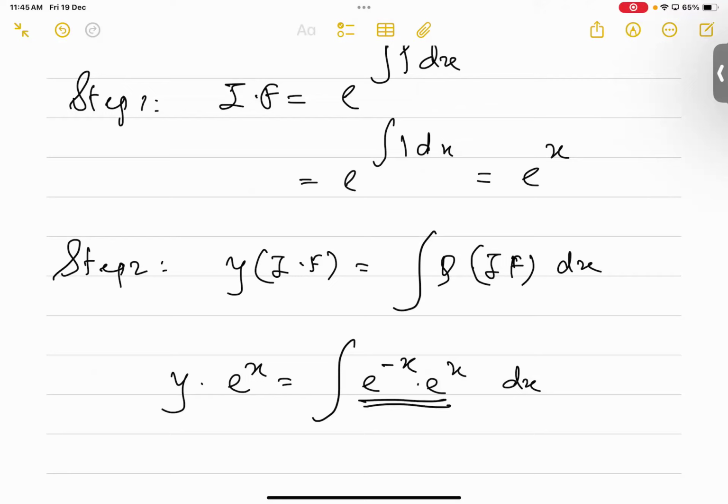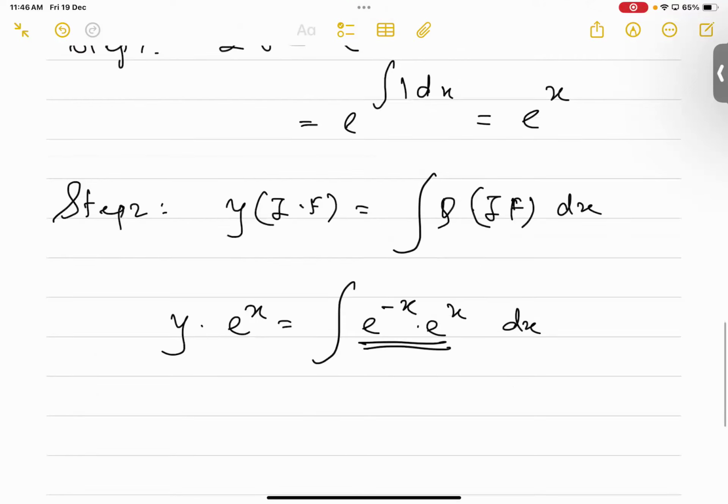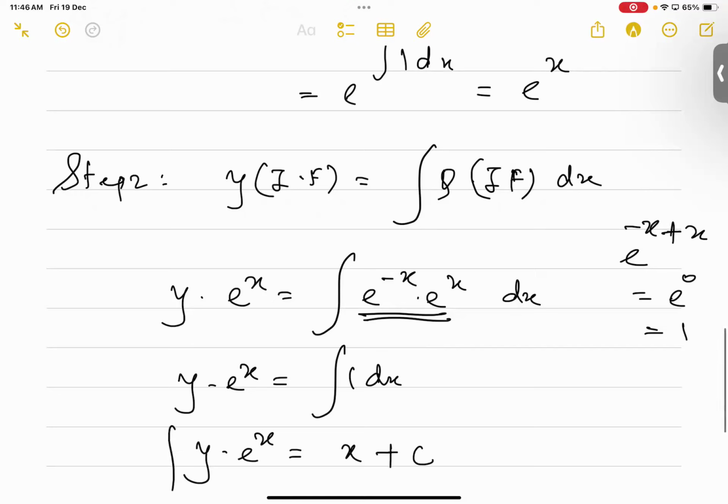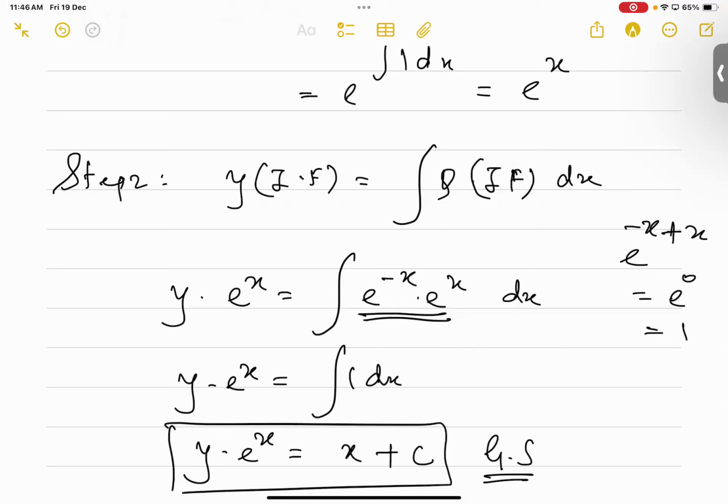What is the combination of these two? e raised to minus x plus x, by laws of indices the powers will get added, and e raised to 0 is 1. Integration of 1 dx is x plus c. So y times e raised to x is equal to x plus c. General solution. That's it.